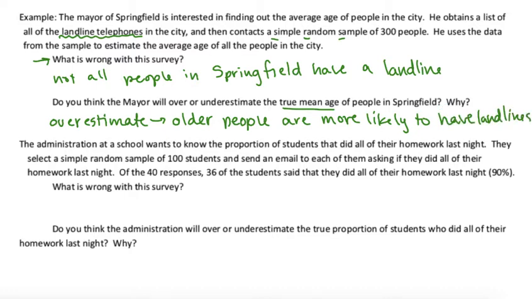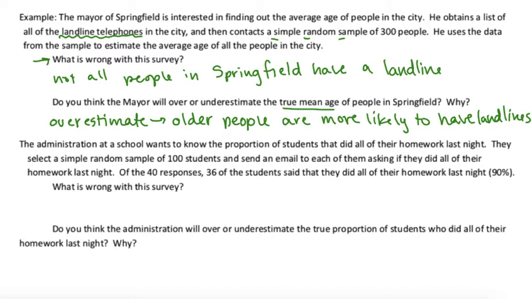Not to mention, they're more likely to be home and to answer the phone. My grandparents, we can't convince them not to answer the phone. We're like, it's an unknown number, just let it go to voicemail. And they're like, what? But what if it's important? No, no, no. Older people are more likely to have them and to answer the phone, which is why I think the mayor would overestimate the true mean age if he only contacted 300 people on landlines.